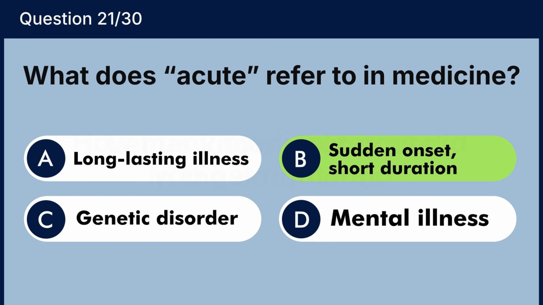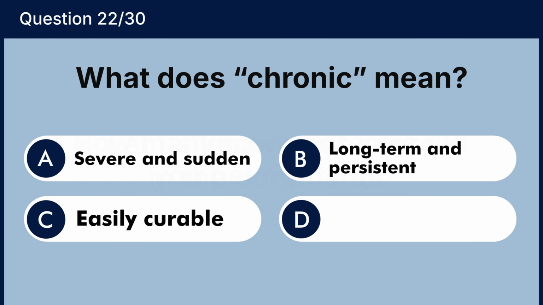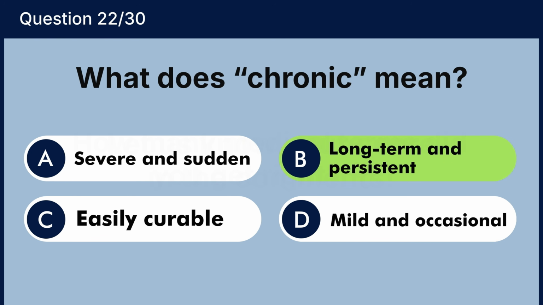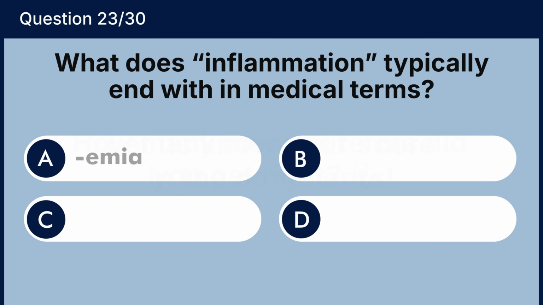Sudden onset, short duration. What does chronic mean? Long-term and persistent. What does inflammation typically end with in medical terms?